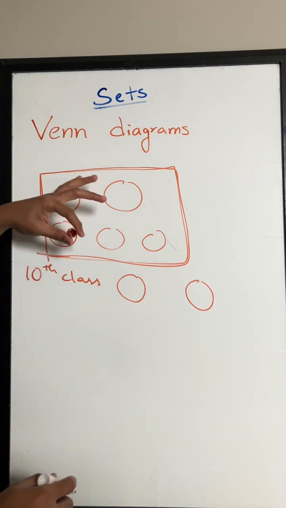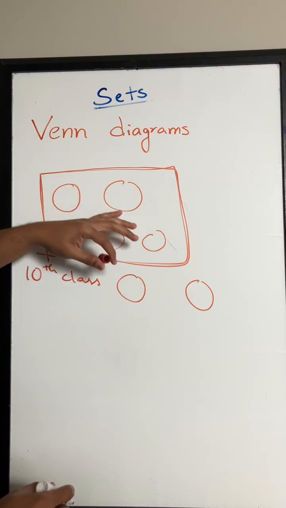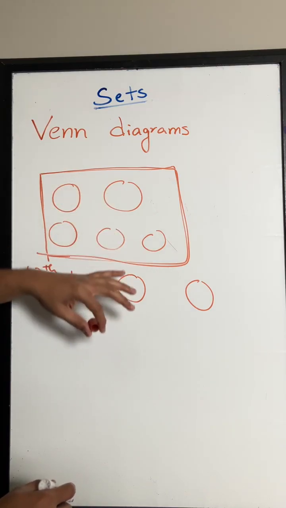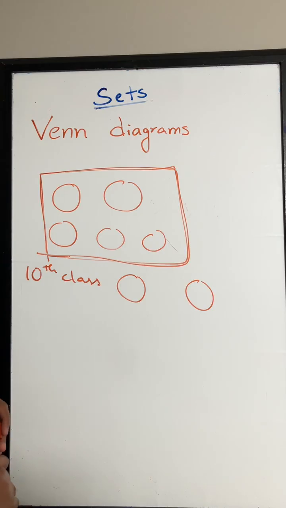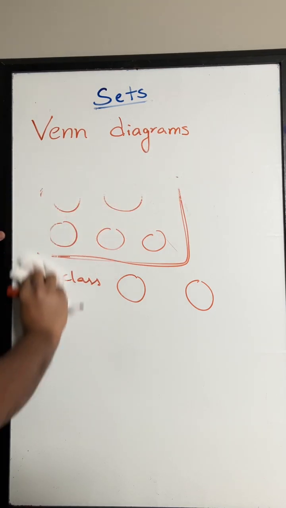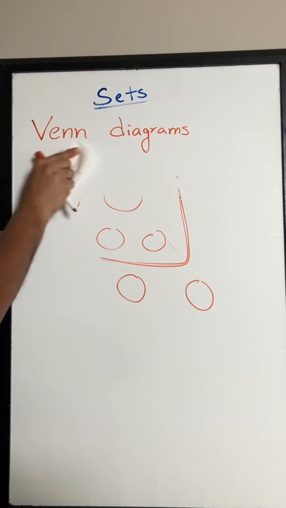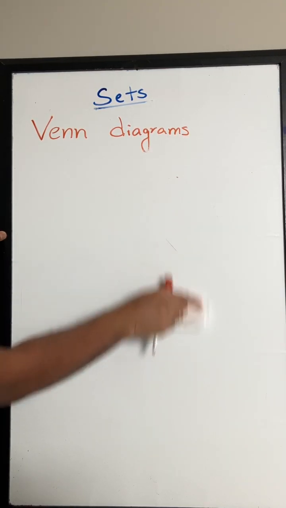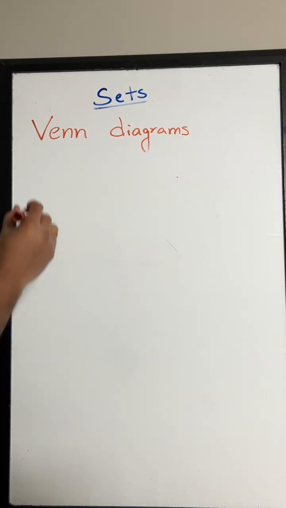So what is this rectangular box and what are these circles exactly? We will learn more about it. So if you look at these Venn diagrams, the big box.